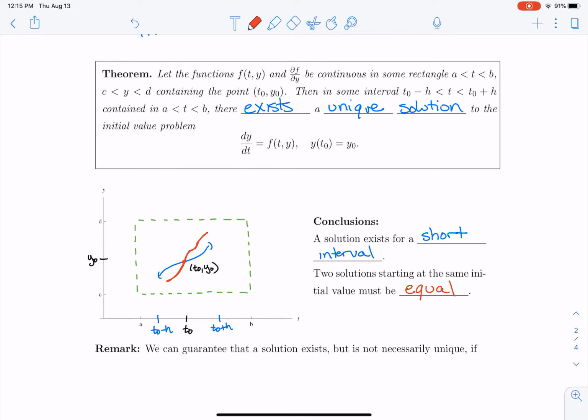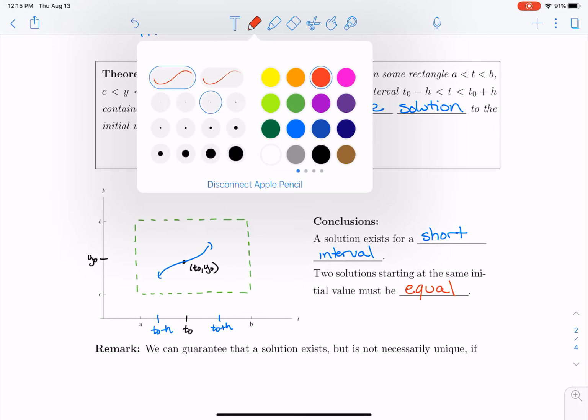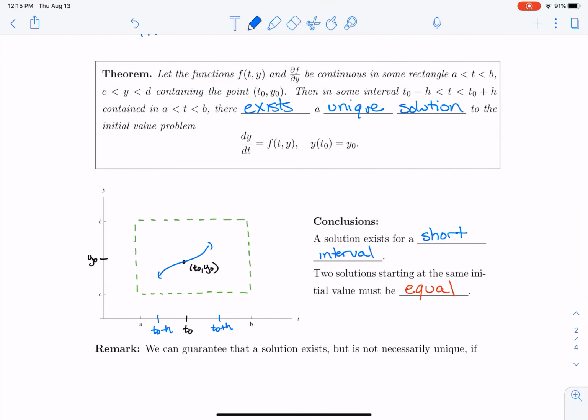So essentially, uniqueness tells us that solutions cannot cross. Okay, so in this case, we can say solutions cannot cross each other. And that is an important result of the existence and uniqueness theorem.